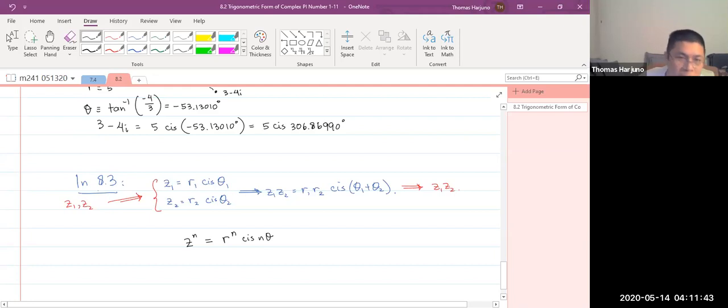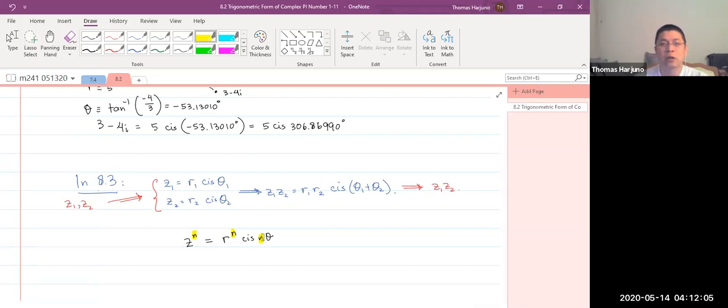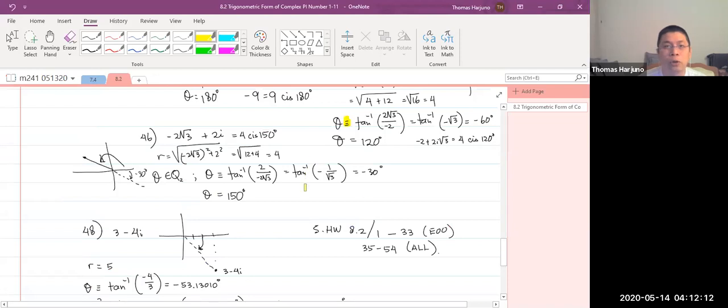So the radius is taken to the same power, and the angle is multiplied by the exponent. We do the same to the radius, but the angle we multiply. That's a little preview that you will see on Monday. But for that to happen, you need to be super strong on this.